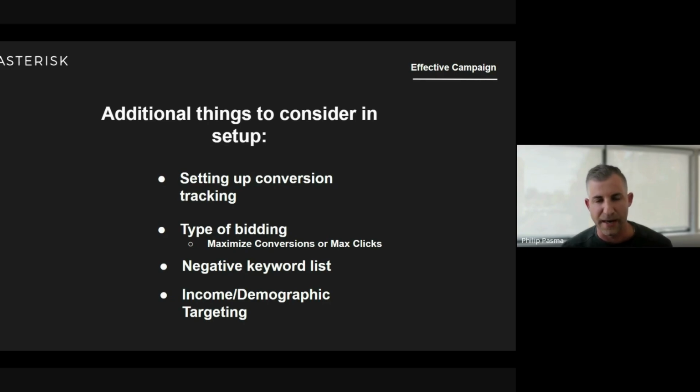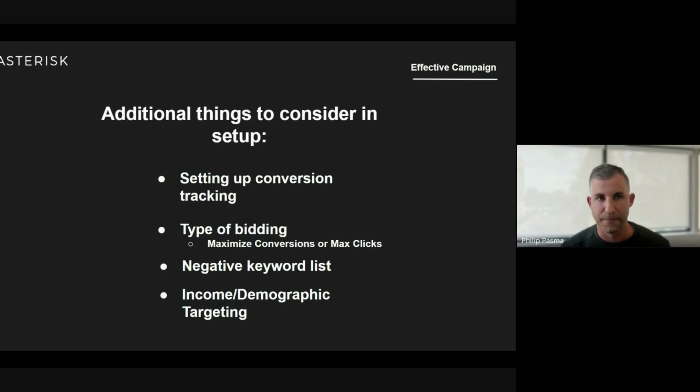There's a negative keyword list. Keywords are going to sneak in there that you don't want, but you can kind of safeguard yourself with a list that you give to Google. So things like cheap or free or job or this kind of stuff, which we have a list already pre-built that is in that slide that you can grab.